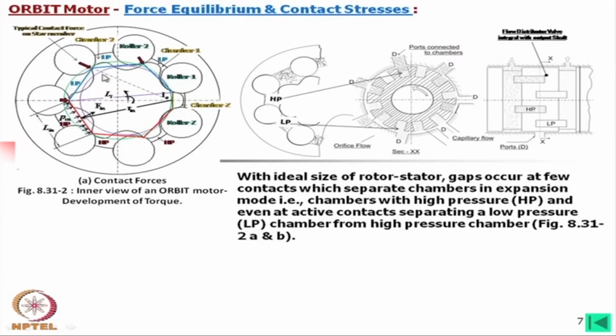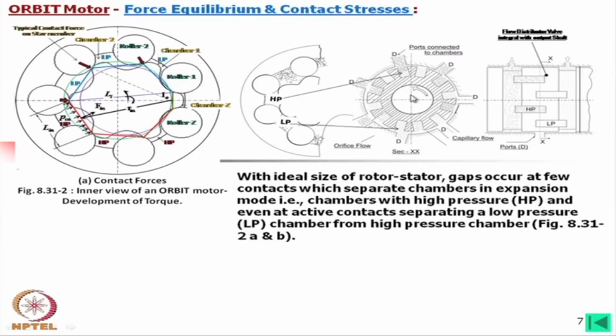So, definitely beam supports are in the low pressure sides, and these two are critical, and we may find at some instances there a gap is generated. Once the gap is generated, you will find there will be leakage. So, estimating such leakage is essential to improve the performance of such a motor.